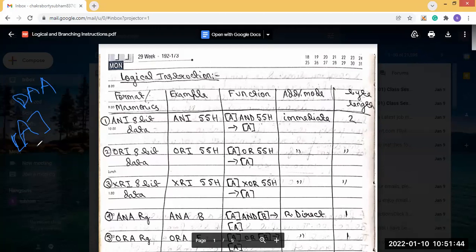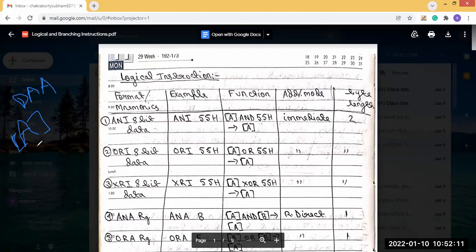So what will be the addressing mode here? If you remember, no operand is mentioned, only the opcode is given. No register is mentioned, no memory is mentioned, no direct or immediate addressing is mentioned. Then we call that the implicit addressing mode.